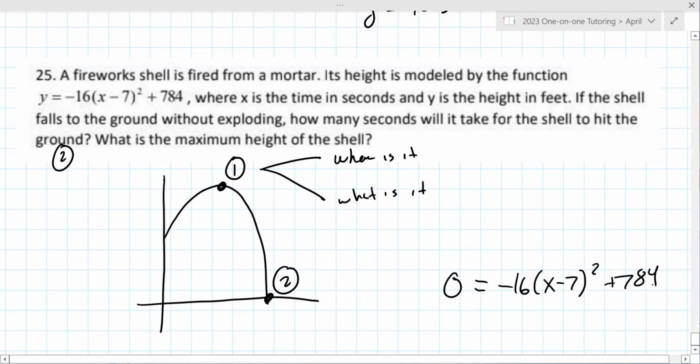Got it. Okay. So for the second one there, you're setting it equal to 0.